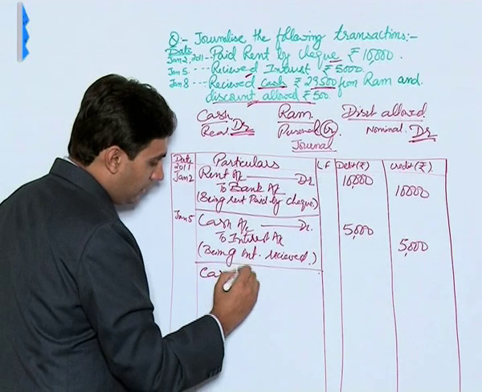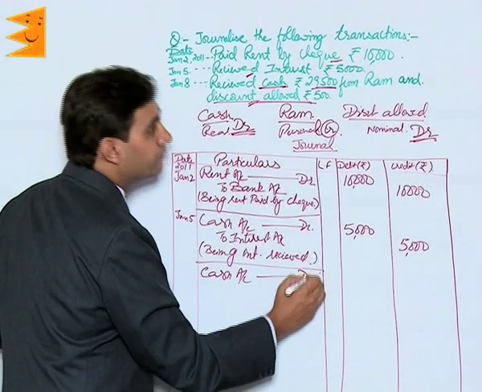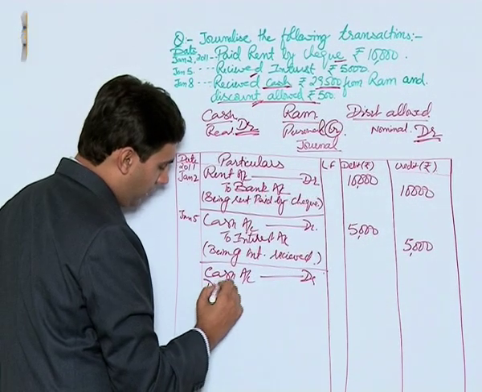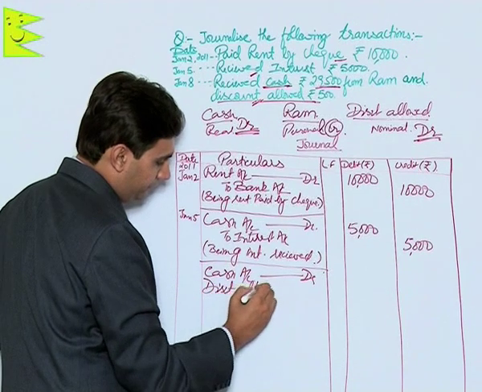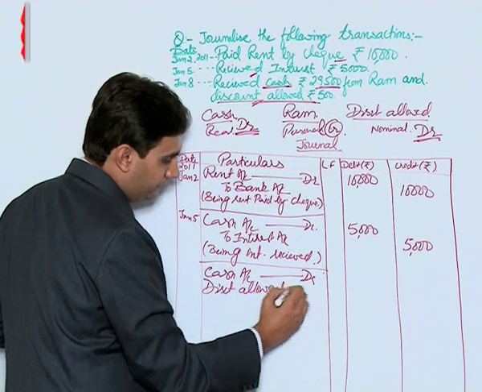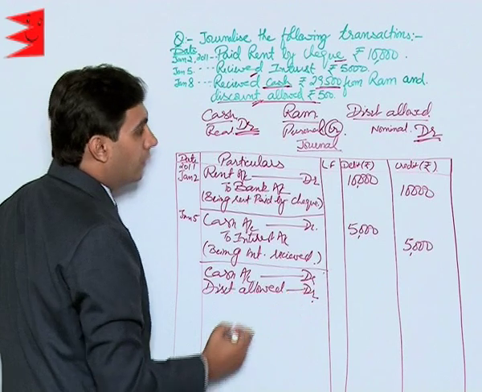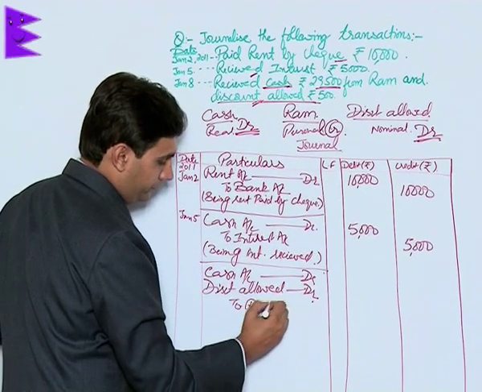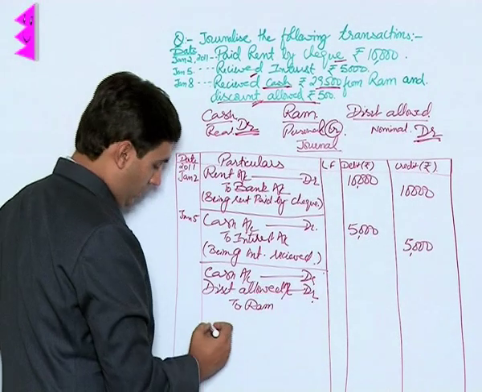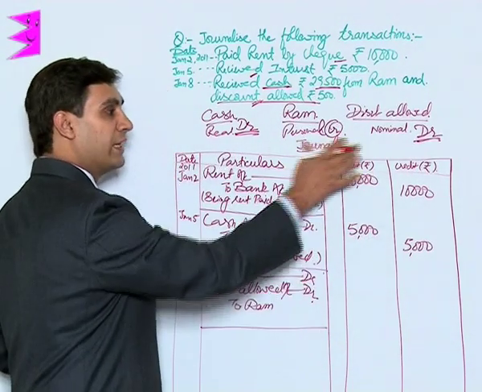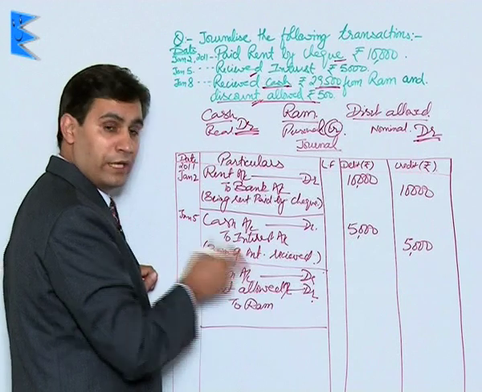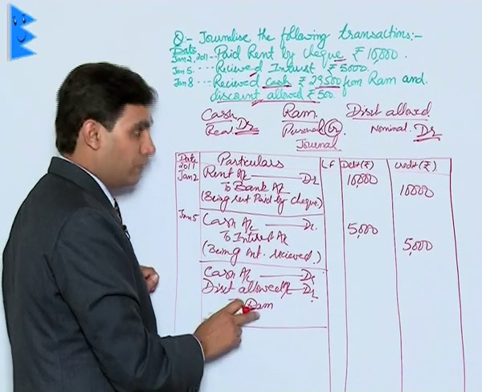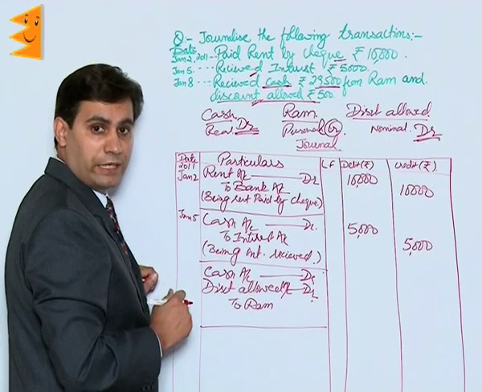Cash account debited, discount allowed account debited, to Ram. That means all the accounts that are debited are shown together to the particular account that has been credited.